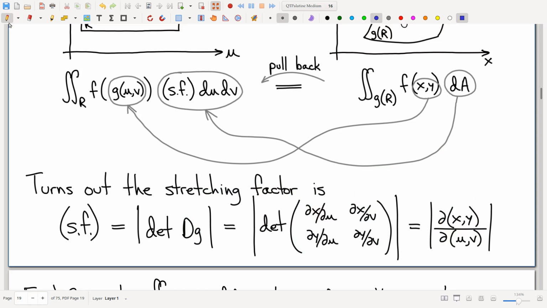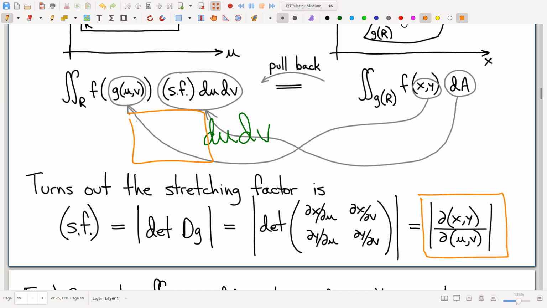Let's see here. Okay, so let's look at what we have on the left here. Let me write it a little bit bigger. du dv multiplied by our stretching factor. Let's see our stretching factor. Here it is, absolute value. I'm going to use this notation, partial xy, partial uv.